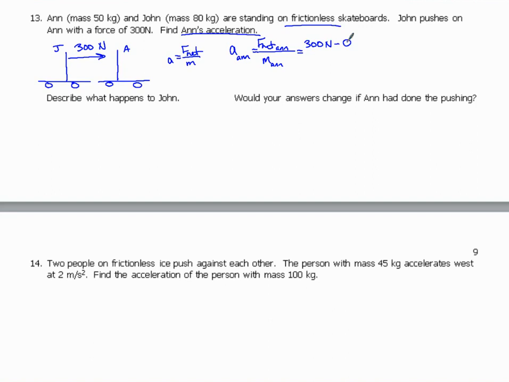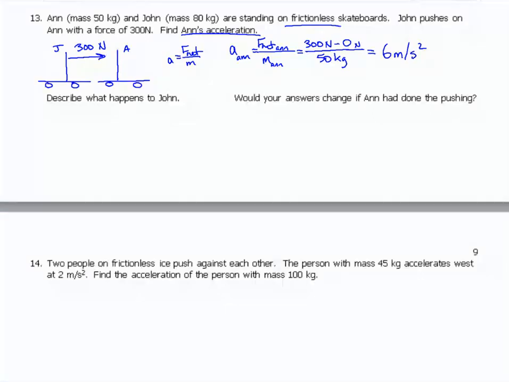So the net force is the force of the push minus friction: 300 newtons minus 0 newtons. And then Anne's mass, which is 50 kilograms. So we have 300 newtons divided by 50 kilograms, and we find that Anne accelerates at 6 meters per second squared.